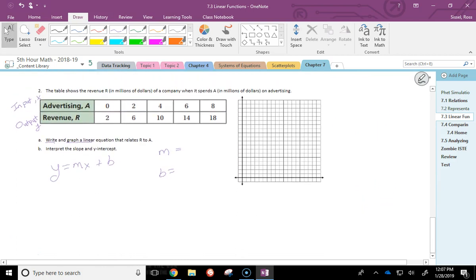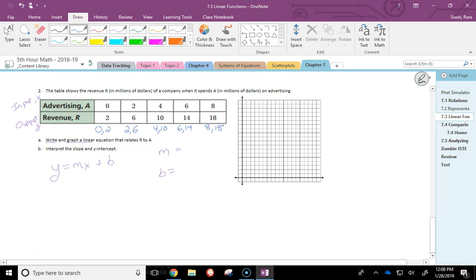because this is input-output, that's x and y, I can write these as coordinate points. That's 0, 2. This is 2, 6, 4, 10, 6, 14, 8, 18. So what I want you to do in your foldable right now, because it's one of the next problems, the last one on there, is let's go ahead and put those coordinate points on.